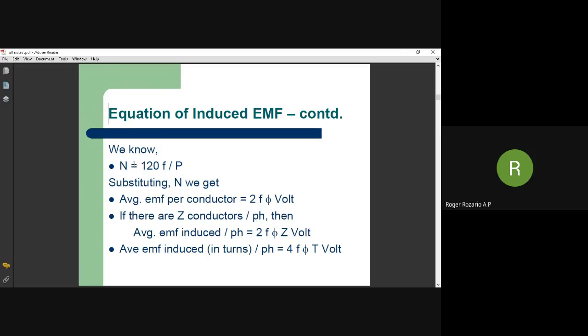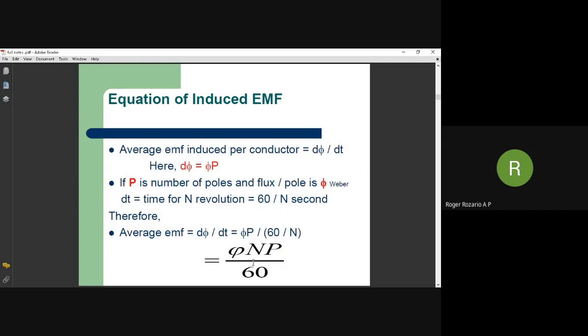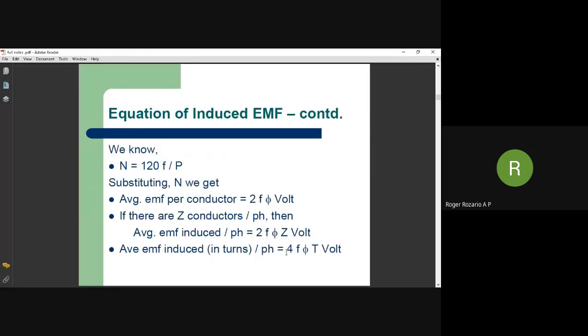Now substituting n equal to 120 F by P, since F equal to Pn by 120, in the previous equation phi nP by 60, you will be getting 2 F phi. If there are Z conductors connected in series per phase, average induced EMF will be 2 F phi into Z. So Z equal to 2T.